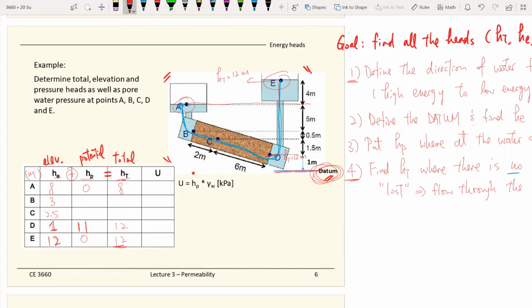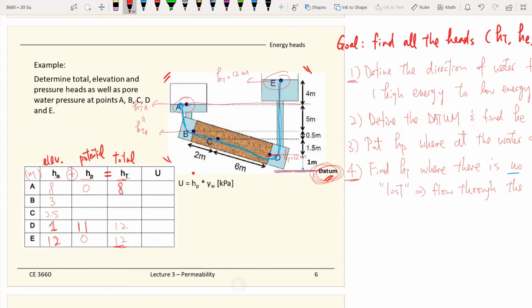For point B to point A, there's no loss because the flow from point B to point A is not traveling through the soil. So we know that the total head at point B will be equal to the total head at point A. And we know that the total head at point A is 8.